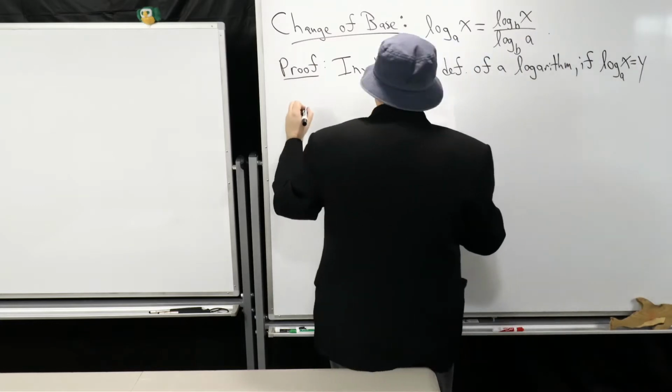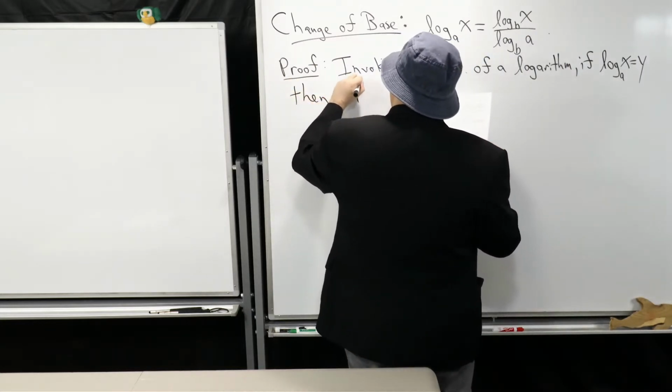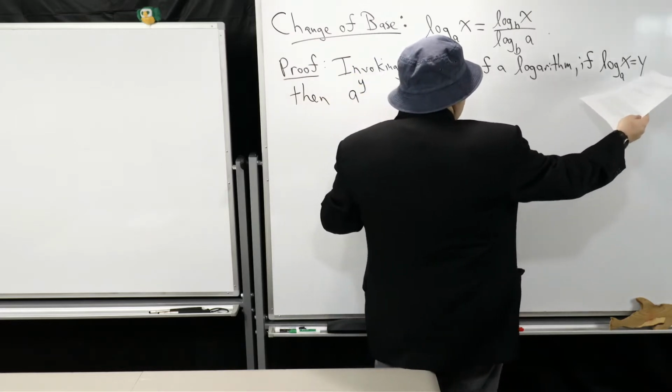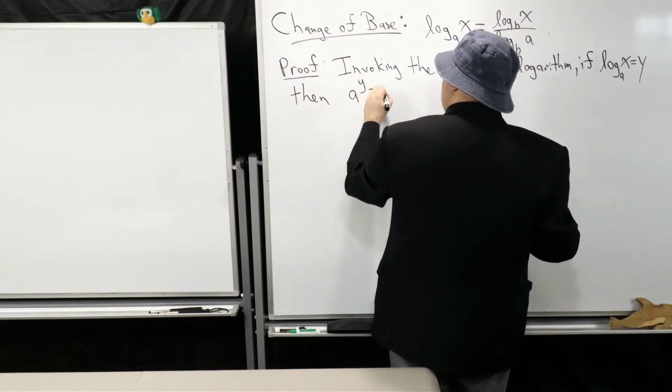What does that mean? Then a to the y, remember that's the base, that's the exponent, and this would be the result. a to the y is equal to what? It's equal to x.